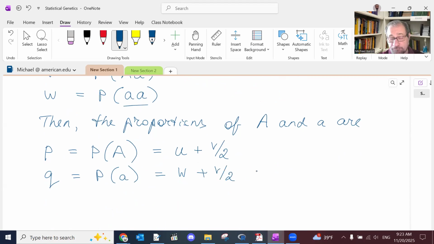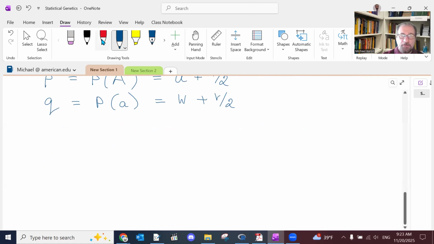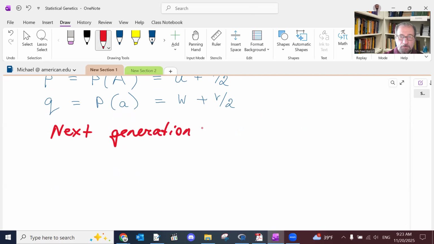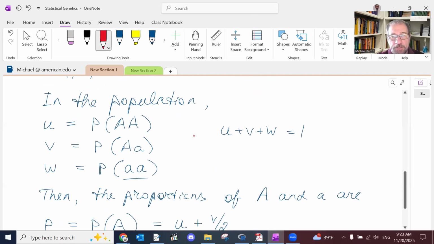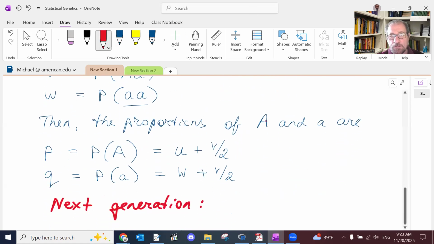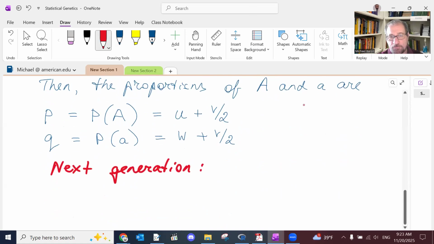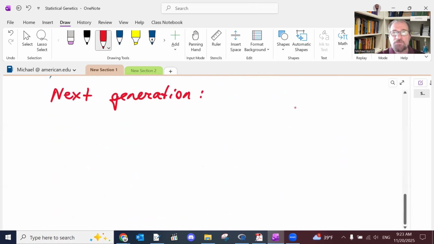We need these probabilities to understand what happens in the next generation. So let's consider the next generation. We started with the population, the generation where the distribution of pairs of genes is U, V, and W, and the proportions of all dominant and recessive genes in the population in that generation is P and Q. And now let's pass to the next generation.